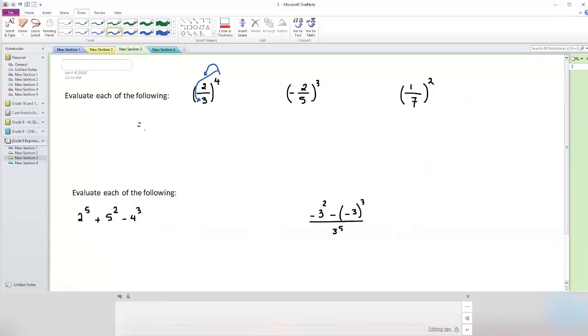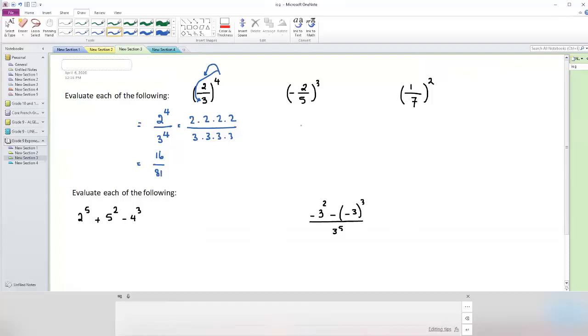That means it equals 2 to the power of 4 over 3 to the power of 4. Since I have to evaluate, that means 2 times 2 times 2 times 2 over 3 times 3 times 3 times 3. And the result is going to be 16. And here, 3 times 3, 9, 3 times 3, 9, 9 times 9, 81.